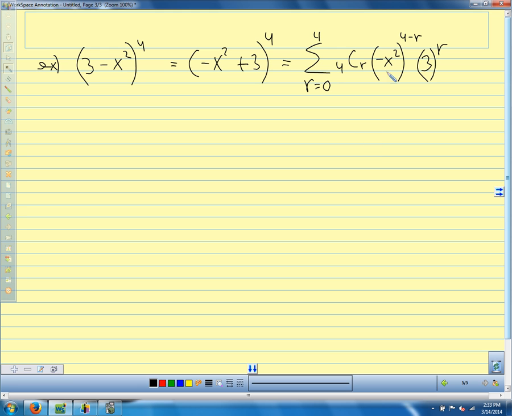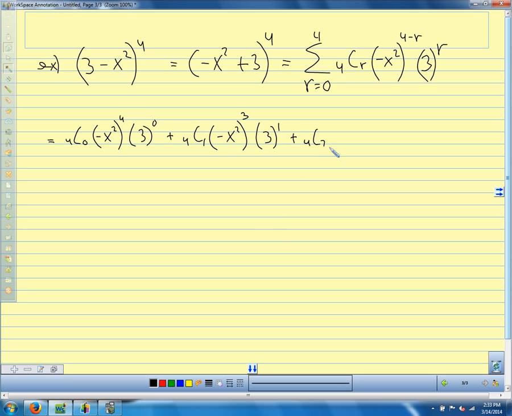So if I write that out before evaluating anything, I'm going to write out all the pieces. That's going to equal 4 choose 0 times (minus x squared) to the 4th, this is when r equals 0, times 3 to the 0 power. Plus 4 choose 1 times (minus x squared), r is 1 now, so this is going to be to the 3rd, times 3 to the 1 power.